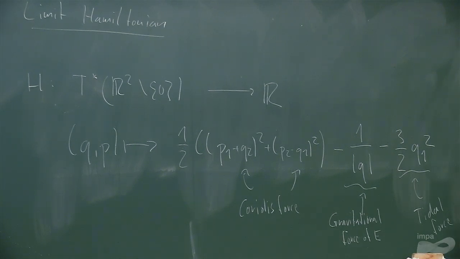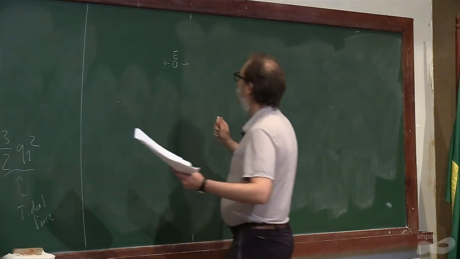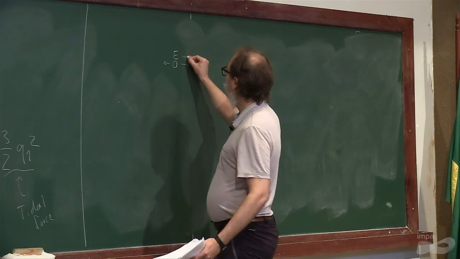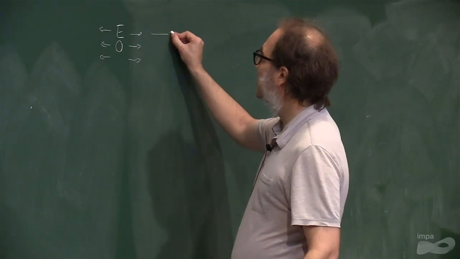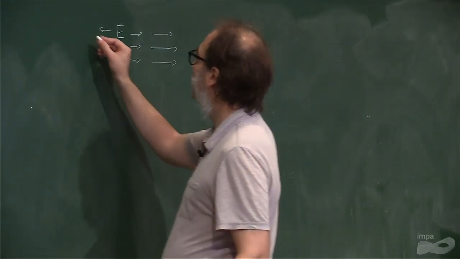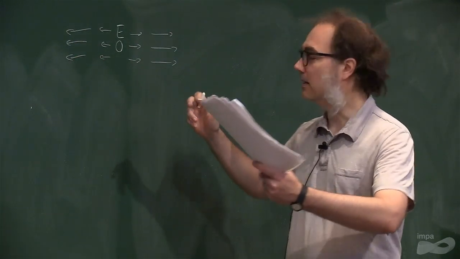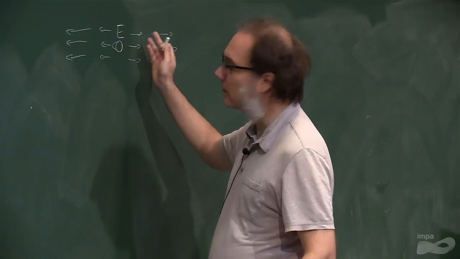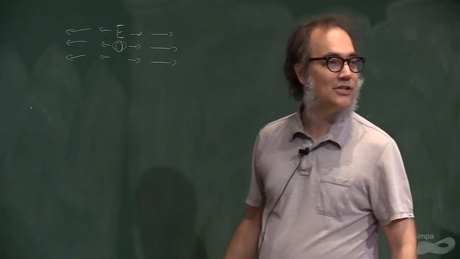If here is the Earth, then the force is repulsing just in the q1 direction, and it becomes bigger and bigger. It grows linearly if you move away. That's like tide. So if you have here an ocean, then it will move in this direction, and here an ocean will move in this direction.